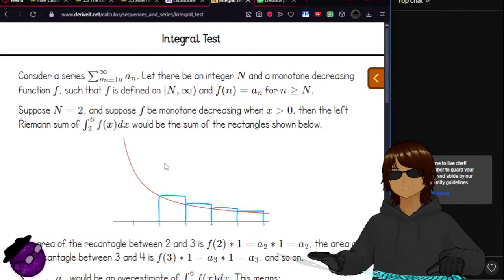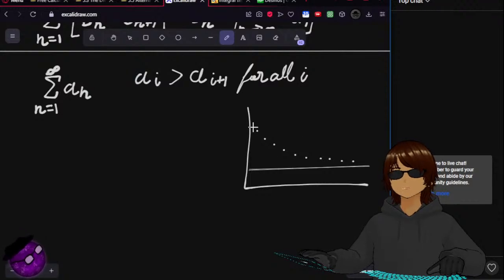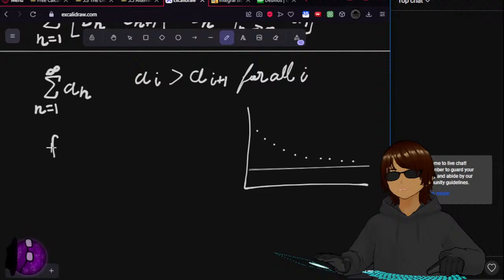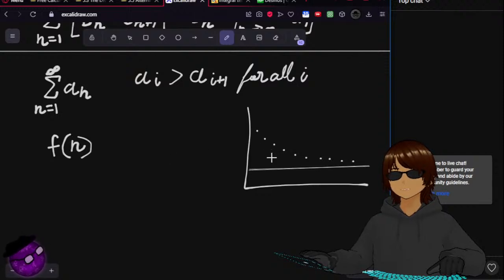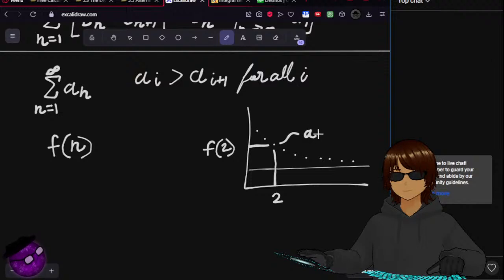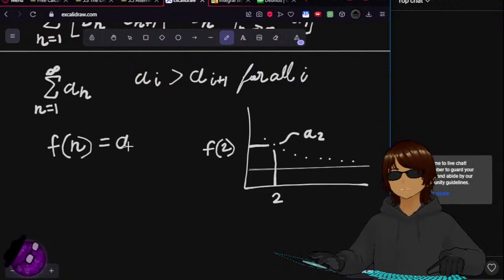Basically, what the integral test says: suppose there's a function called f of x where f of n is equal to a of n after some point.